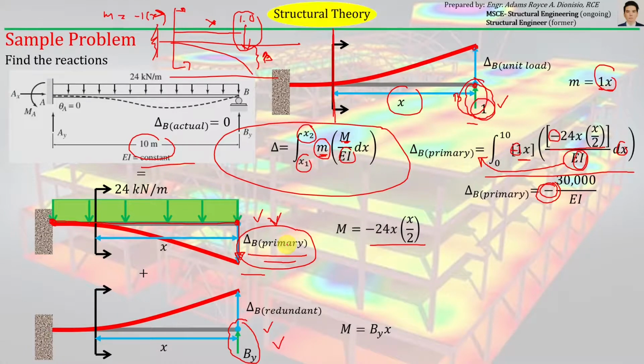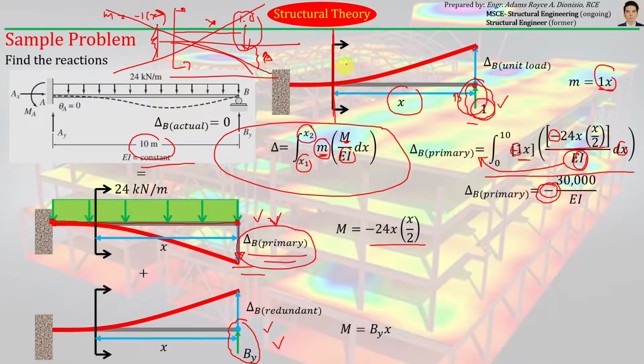But then again, just to prevent us from having so many drawings, instead of having another drawing for the unit load for the primary structure, we might as well just use the unit load structure for the redundant for solving the primary.